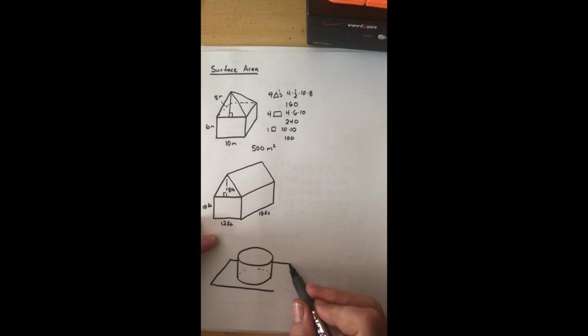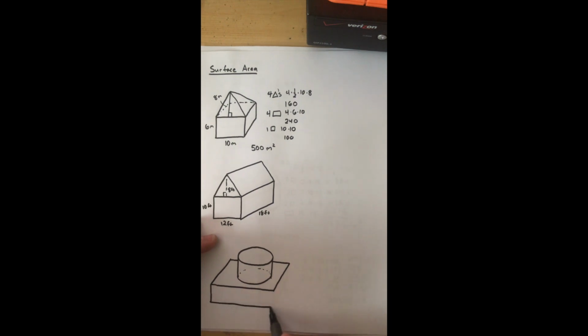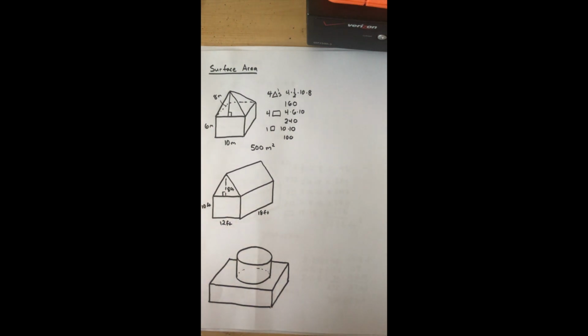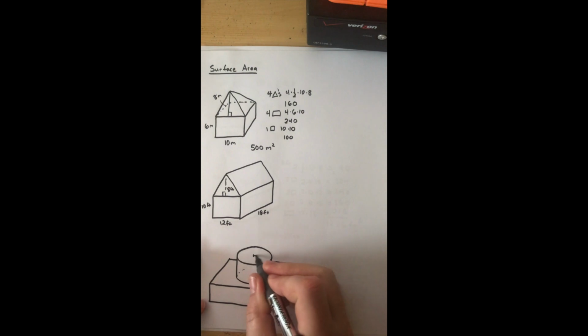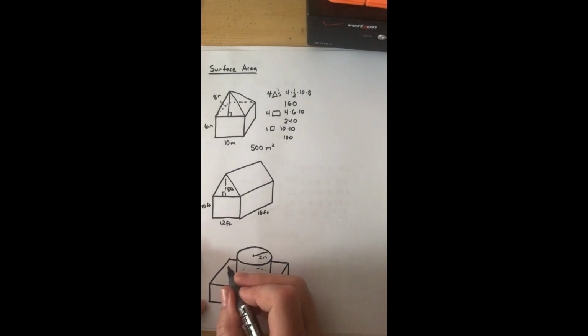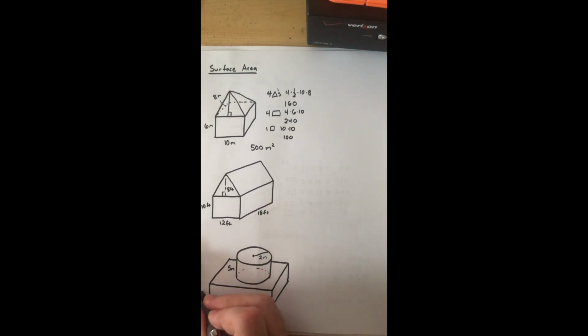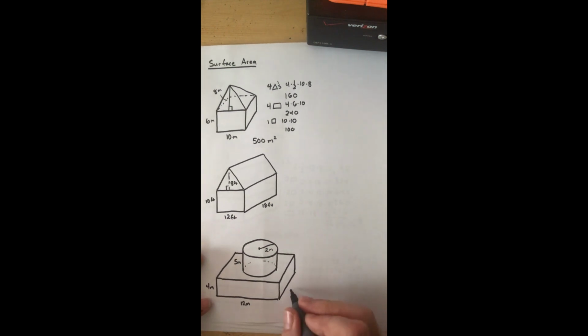Now let's make it stand up. Let's give this a radius of, let's say, 2 meters. We're going to make this 5 meters tall. Let's make this guy 4 meters. Let's make this guy 12 meters and this guy 8.